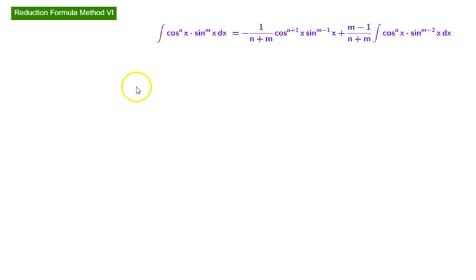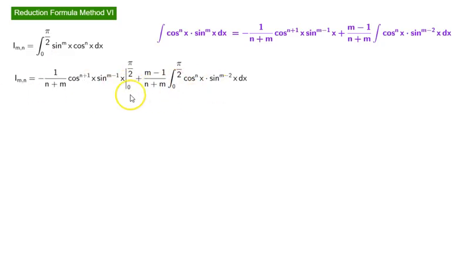In the previous session, we saw the indefinite integral of cos nx times sin mx dx. Now let's look at the definite integral of sin mx times cos nx dx from 0 to pi by 2.